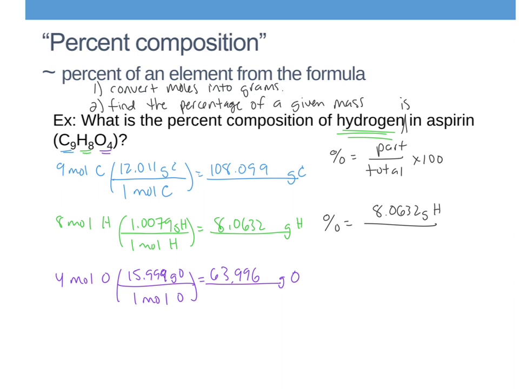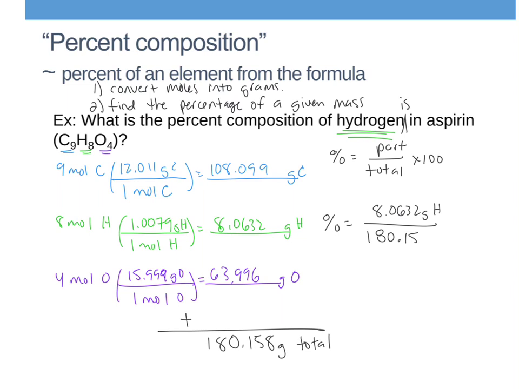And I need to know now the total, which is all this stuff added up. So all I need to do is add up all of these things: my 108.099 plus my 8 plus my 63. That all is going to add up to 180.158 grams total. So I just added those all up. So that's my denominator. That's what all three of those added up equals.